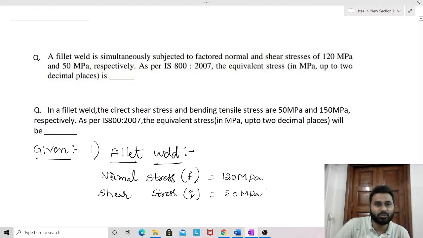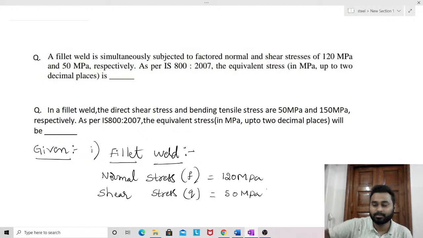Now he is asking us to find, as per IS 800:2007, it means this is the code which we use for carrying out the construction of steel structures, whether industrial buildings, other types of buildings or bridges. Whatever steel structures we are going to design or construct, we make use of this particular code, IS 800:2007.